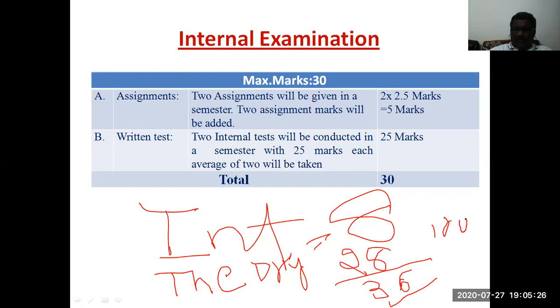The internal evaluation is taken only during the course. After the completion of the semester, another internal evaluation test will not be conducted for the students.